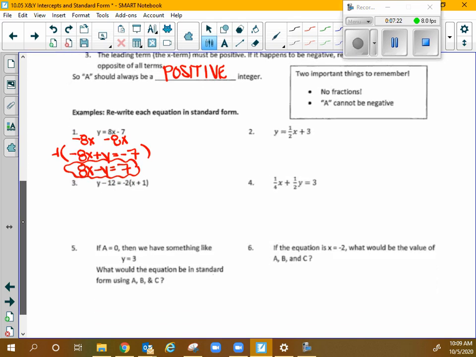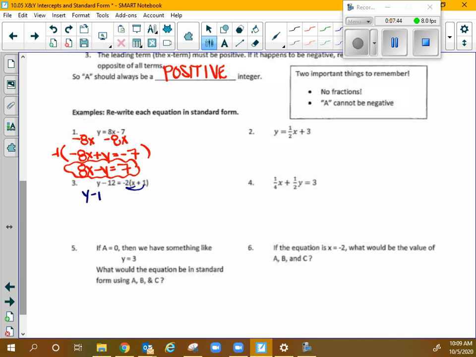Let's look at 3. Y minus 12 equals -2 times x plus 1. That's not slope-intercept form. What is that? Point slope. Okay, to get point slope into standard, unfortunately, it's going to take a little bit more work because I have to get it to slope-intercept first. So, distribute the -2.